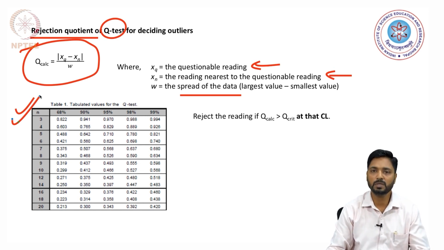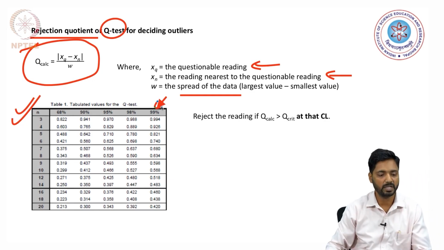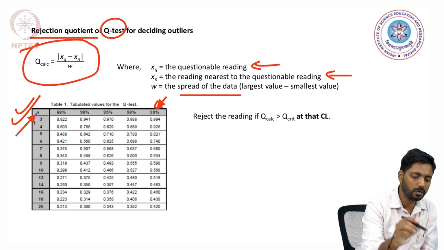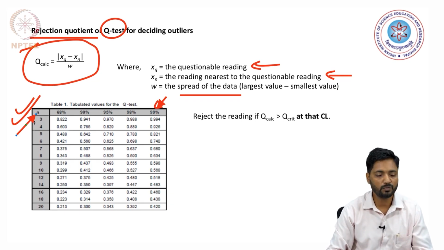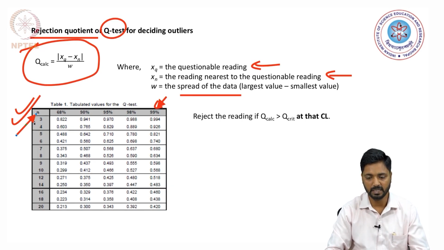Okay. So, the Q table again lists the confidence level with which we can report the results, and it also talks about the number of readings in a data set to choose a critical value of Q. So, to rephrase, a critical value of Q will depend both on the confidence level with which we want to state our result or conclusion and the number of readings present in a data set.